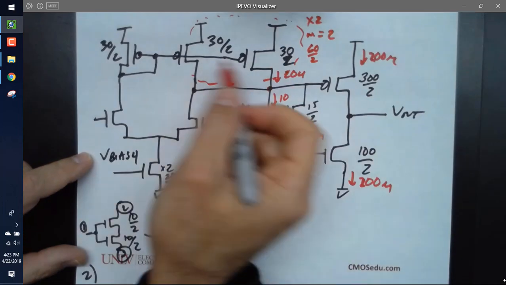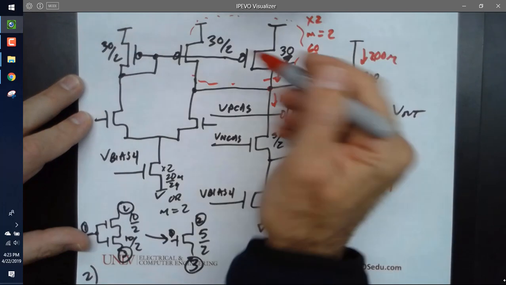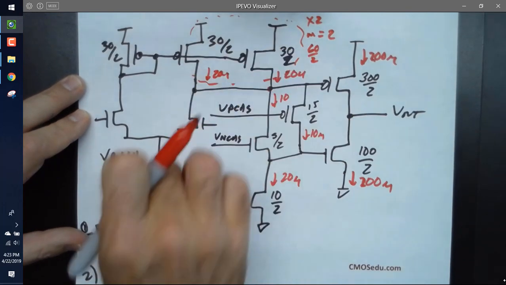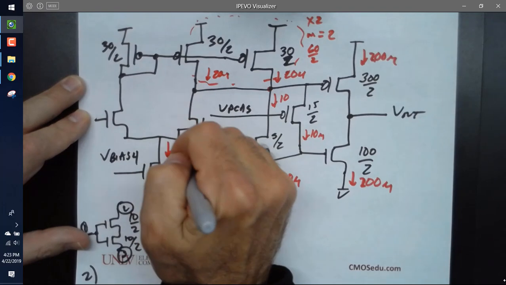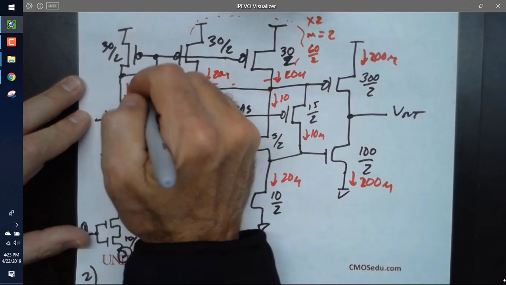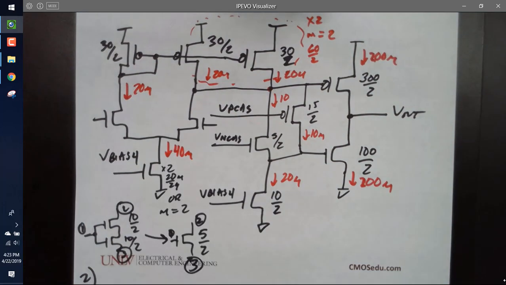So why did I draw it like that? And the answer is biasing. I want to have the 20 microamps flow down here, but I also need 20 microamps to flow through here, because I have 40 here. And then what's the current flowing in there? 20. Okay, so let's see if we can figure out how this works.